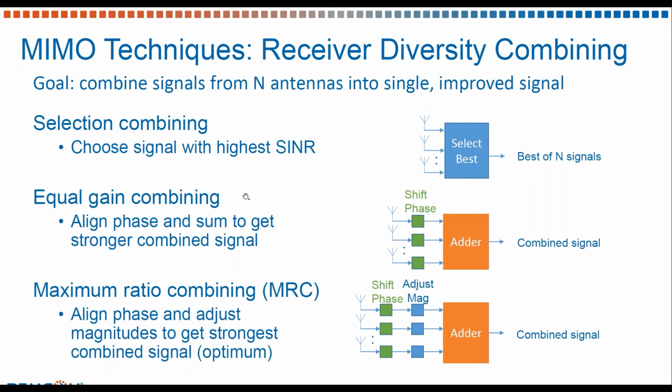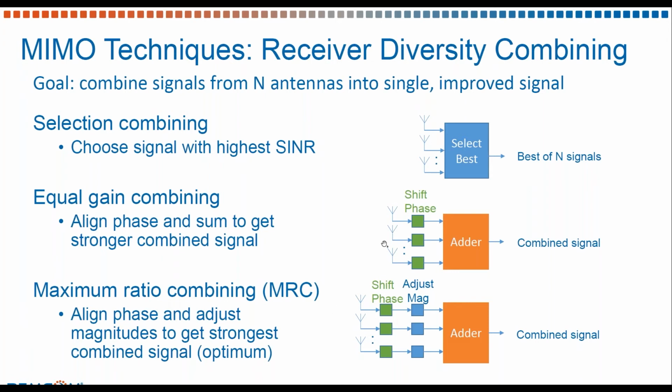Equal gain combining does a phase alignment and then sums all of these channels to get a stronger combined signal. Maximum ratio combining does the same phase alignment, but also adjusts the actual magnitudes to optimize the final summed signal that we get.